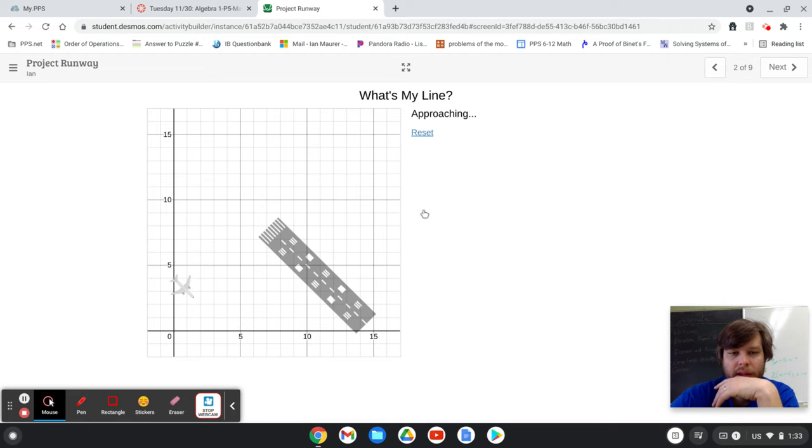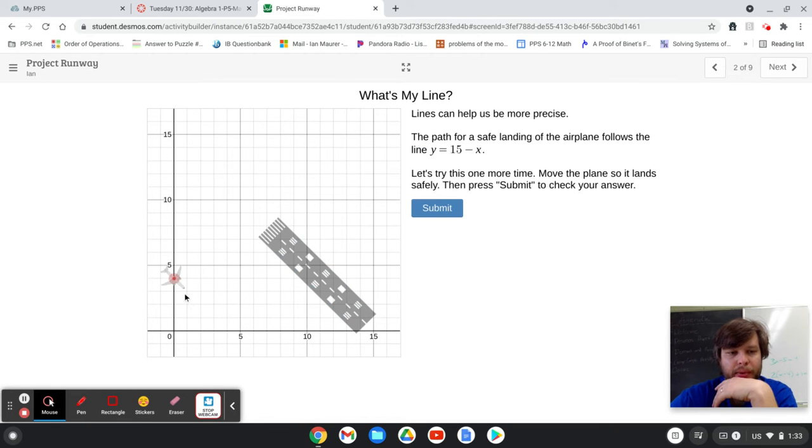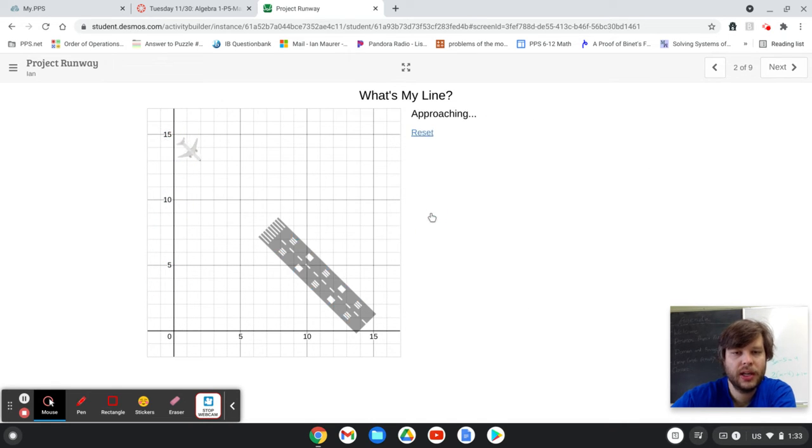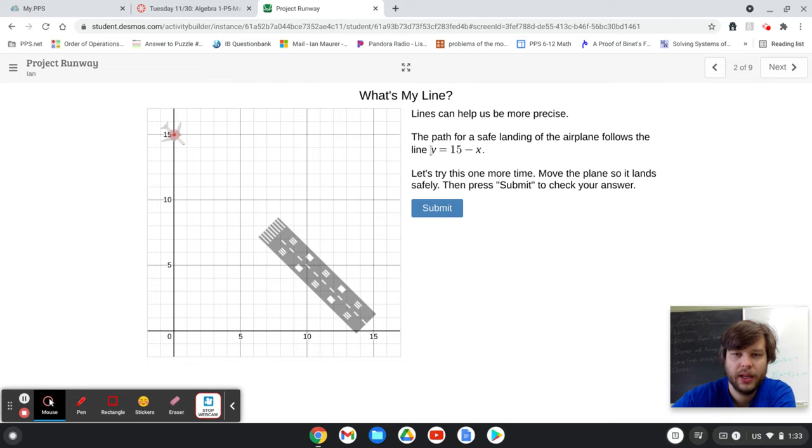And when you set the plane in a certain spot, what you're doing is putting the y-intercept of your linear equation. So depending on where I move my plane, there's the y-intercept, and I can put it here at 15. And one reason I knew 15 was correct for this one is because it gave me the equation. If you look at the equation right here, I see y equals 15 minus x.